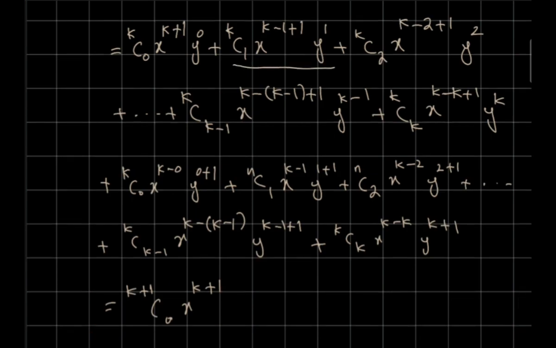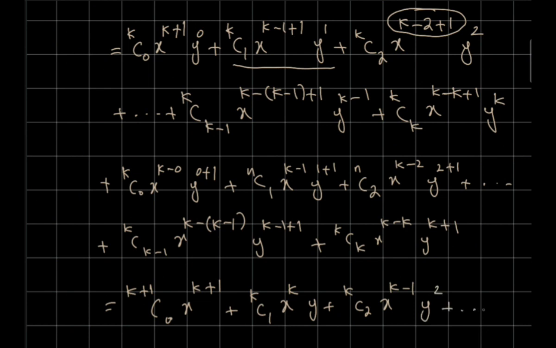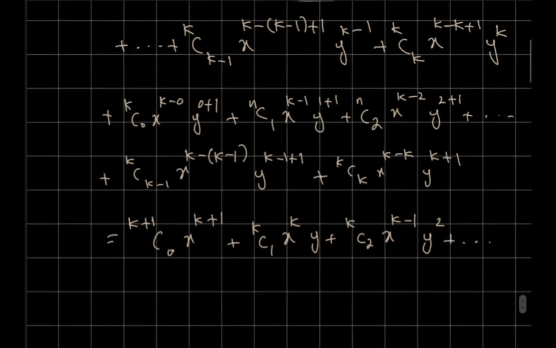Now write down the second term, plus kC1 x to the k y to the 1, kC2 x to the, what is this? This is k minus 1, y to the 2 plus dot dot dot. Look at this term.